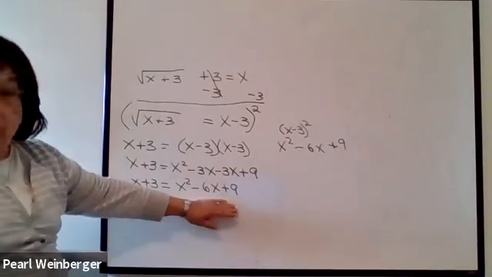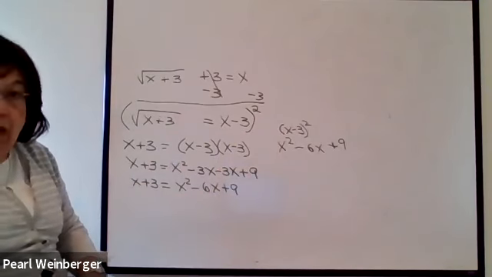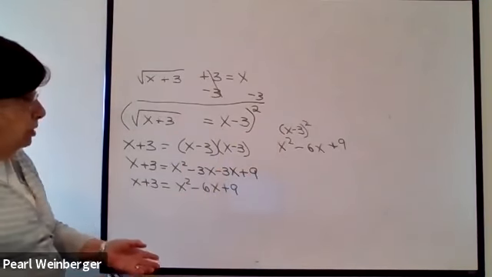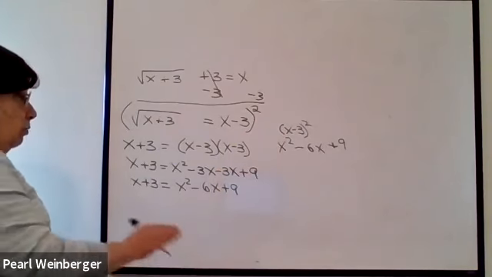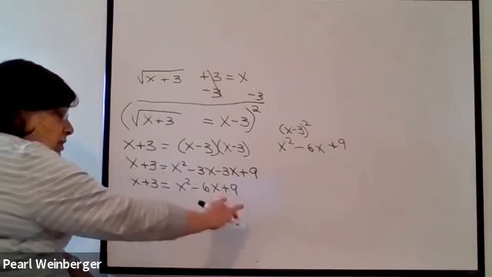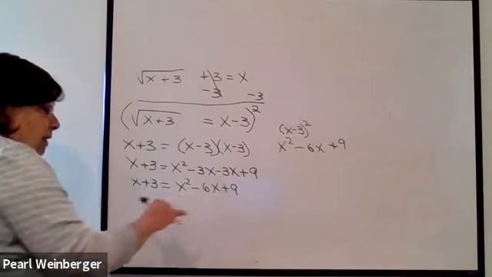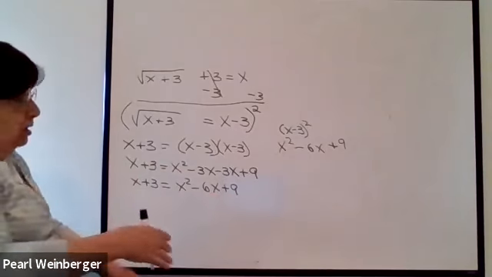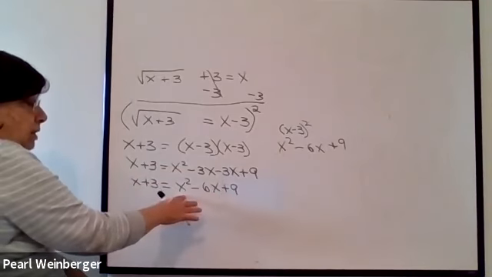This is a quadratic equation. And the way we solve a quadratic equation is by setting it equal to 0. I think it's easier to bring the x and plus 3 to the right side, because there's less to bring, and also because the x squared term here is positive.